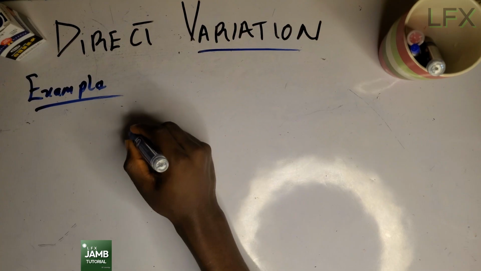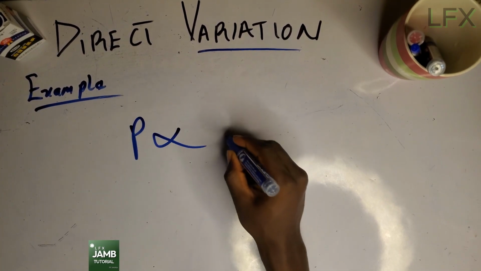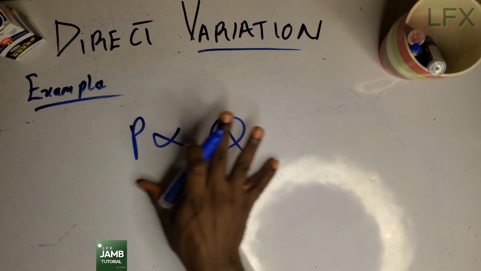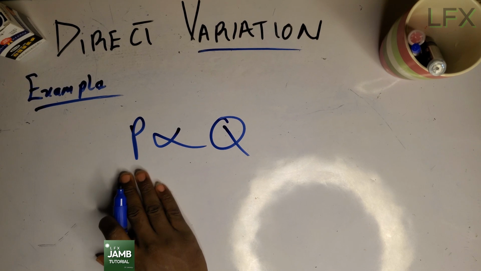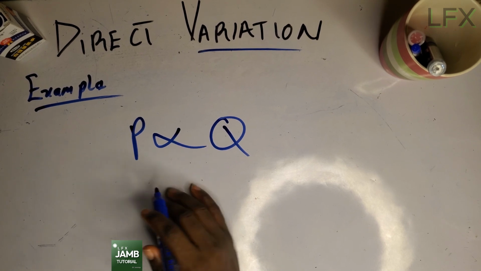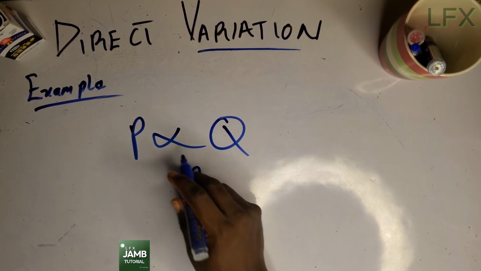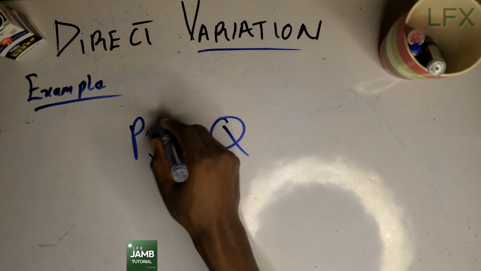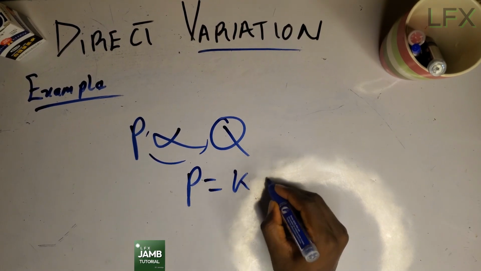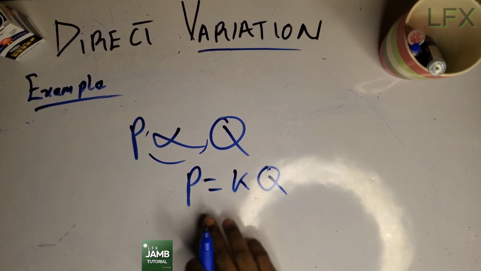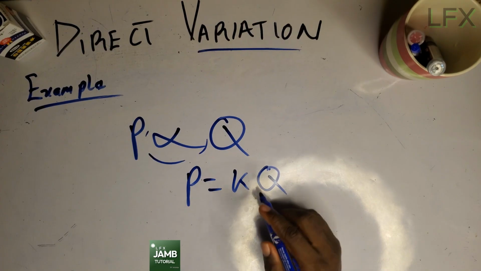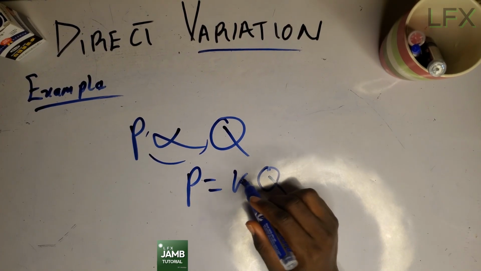First, they said P varies directly as Q. Remember I said you have to remove this symbol and replace it with equals KQ. So we have P equals KQ, and we are looking for this constant of proportionality.